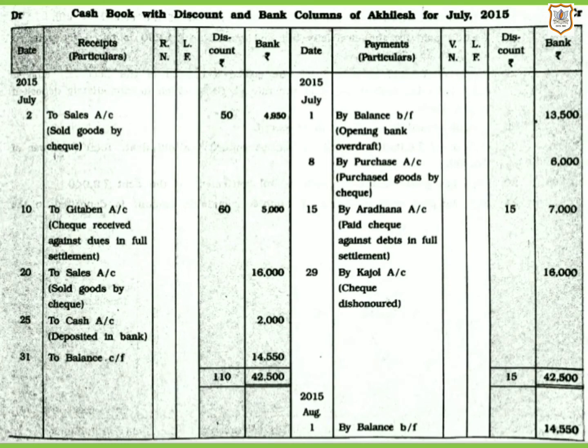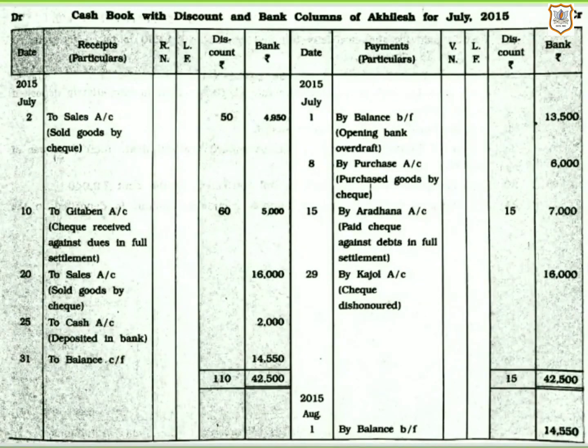As we know, bank is an artificial person. So here the rule of personal account will be applicable to the bank column. And as discount is an income or expense, so here rule of nominal account will be applicable to the discount column. So here we go with the first transaction.